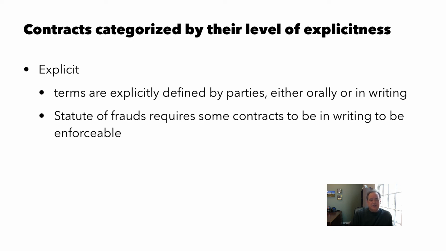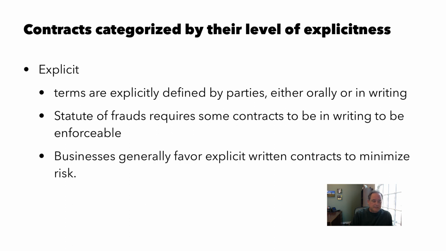Now, the statute of frauds requires some contracts to be in writing in order to be enforceable. Businesses generally favor explicit written contracts in order to minimize risk. The more detail that we can put into a contract, the less risk that we are exposed to.